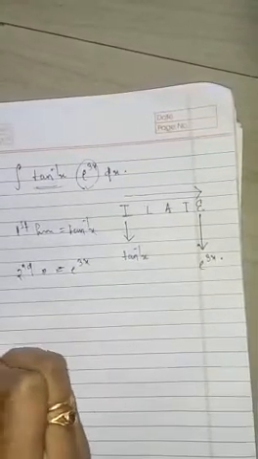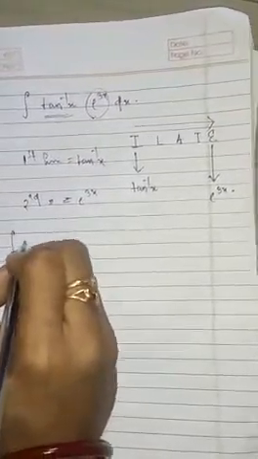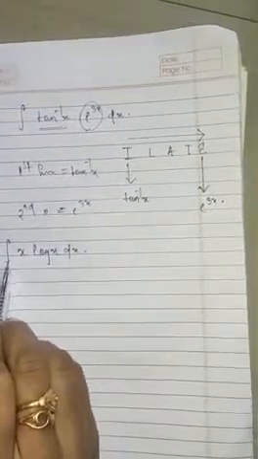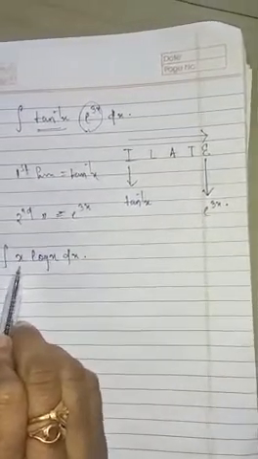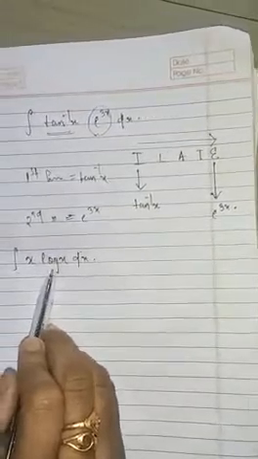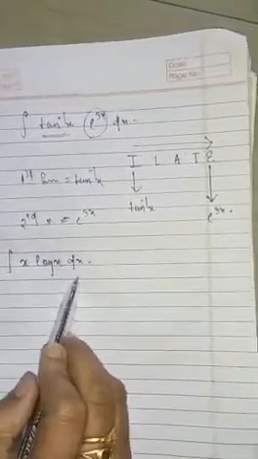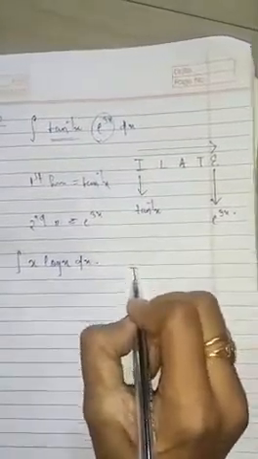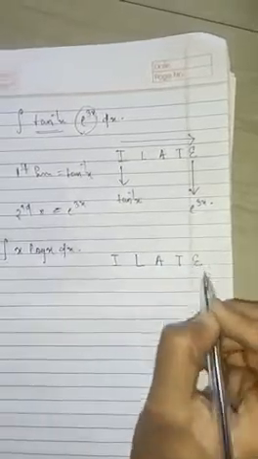Question number 1. We have to find the integration of x log x dx. You have to find the integration of the product of two functions. One function is x, another function is log x. For this we have to use the integration by parts formula. First you have to decide what the first function is and what the second function is.